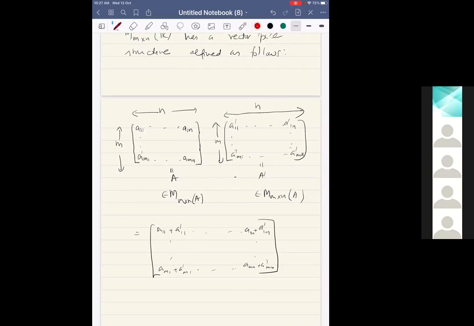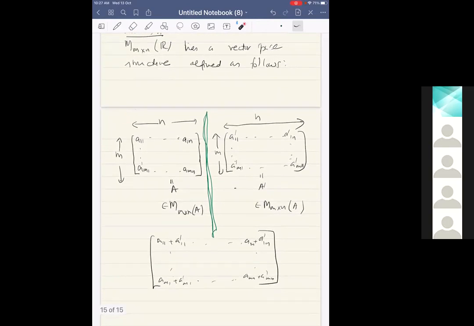Let me put a dividing line between them. I'm taking two elements of this set of M cross N matrices. So take two M cross N matrices. The first matrix is called A. The second matrix is called A prime.